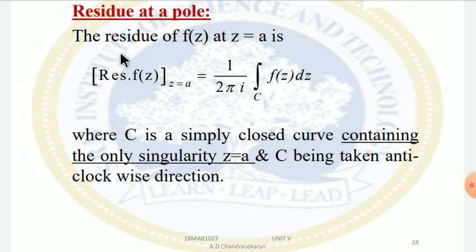So this is the classical definition of the residue of the given analytic function f of z at the pole z equal to a.